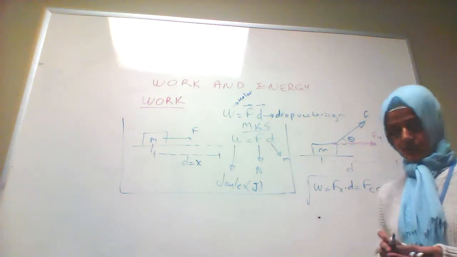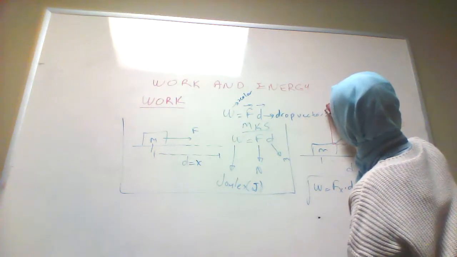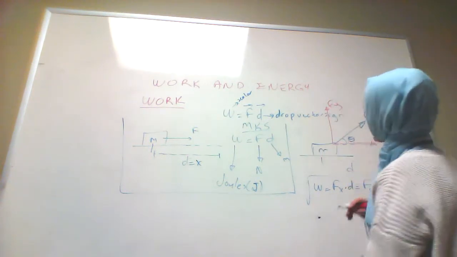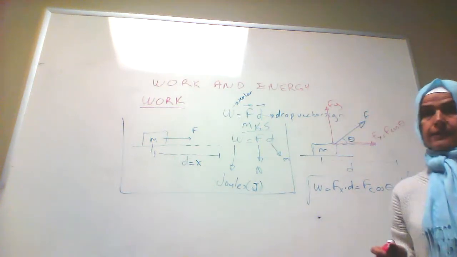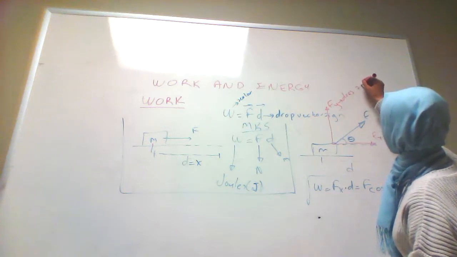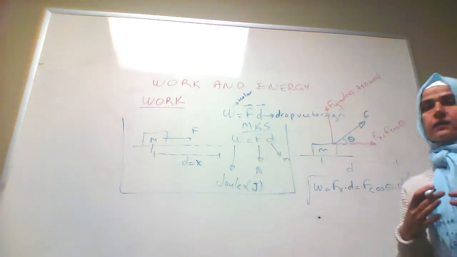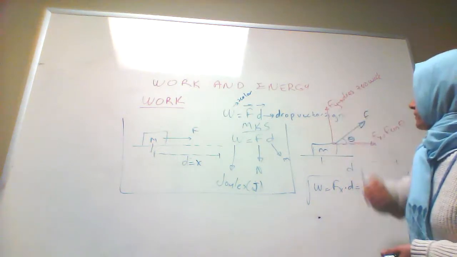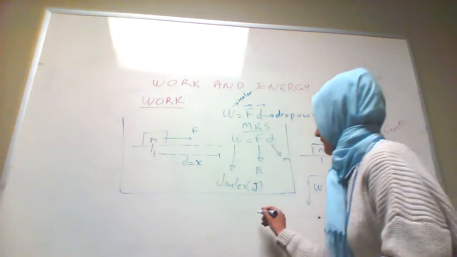Now what happens to the y component? It doesn't do any work. If I ask you the question, what is the work done by the y component of the force? It's 0. This does 0 work here. Why? Because it's not making the object move in the direction of itself. Now this shows us that a work done could be 0 or bigger than 0.